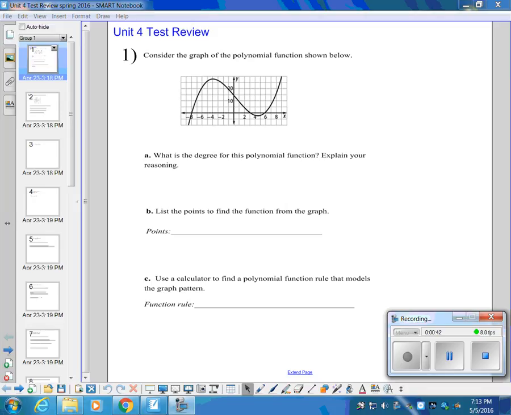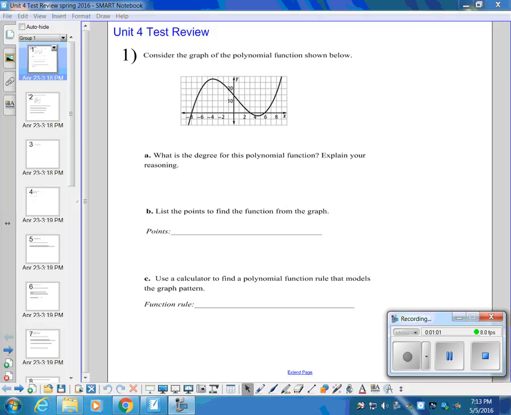And then we went to the quadratic formula. And then we were introduced to the imaginary numbers with i, and then the complex numbers. So that is everything that's on this test. So I'm going to start with the review.